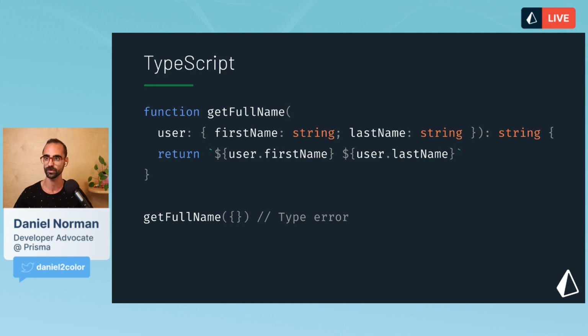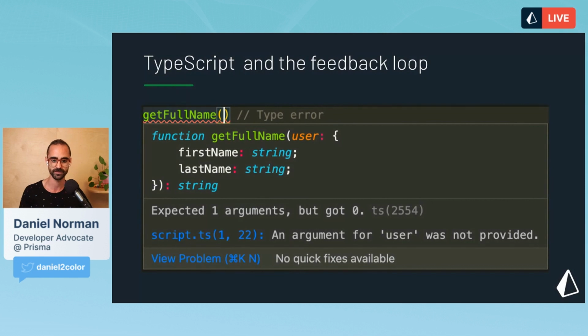And so here you essentially get a type error, and you get that immediately while you're writing the code, assuming that you're using an IDE that has integration. So with VS Code, you get the squiggly lines. And this brings us back to the idea of the feedback loops, because you get a very, very tight feedback loop.